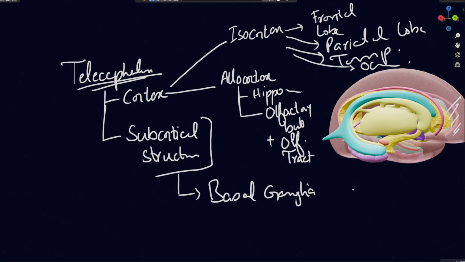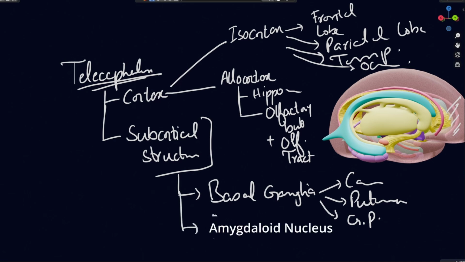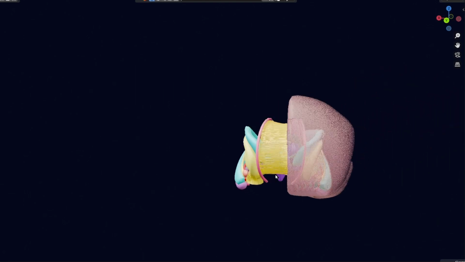These are physiologically or functionally part of basal ganglia, because they have lots of connections with the basal ganglia proper, or anatomical basal ganglia. So it includes the caudate, putamen, and globus pallidus, and along with that the amygdaloid nucleus also develops from it. So that was the crux of this lecture.